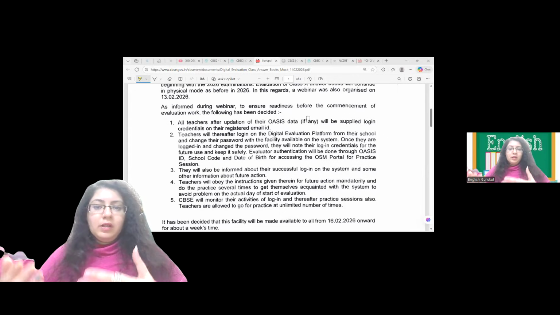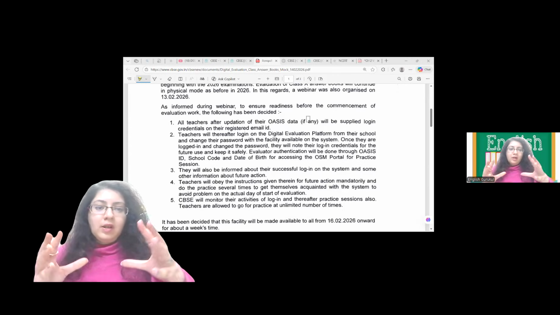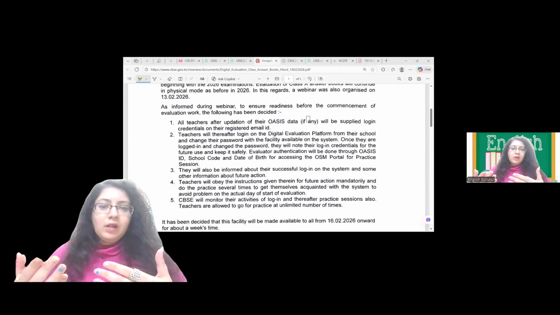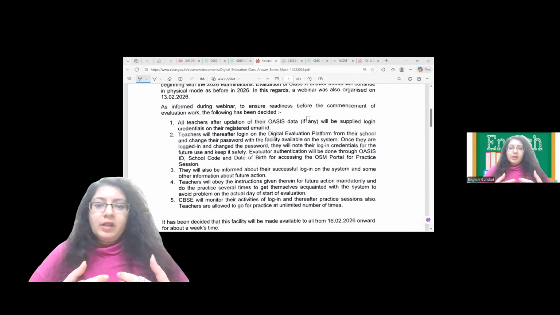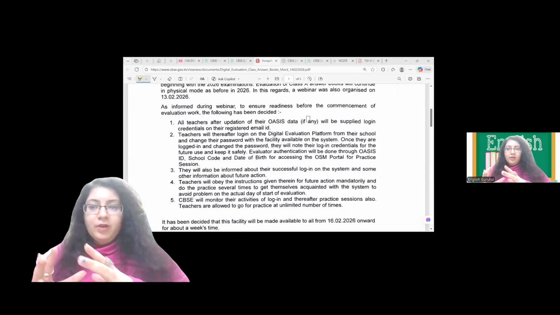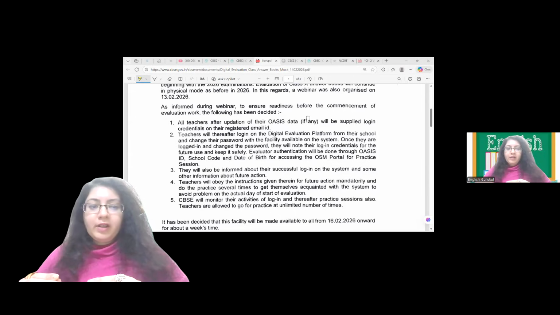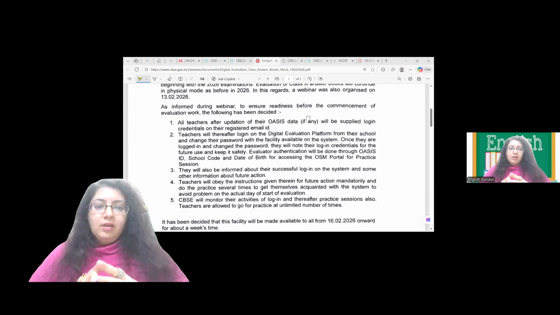Once they are logged in and have changed their password, they will note their login credentials. So do not forget to note down your login credentials for future use, and keep them safely with you. Do not forget that.